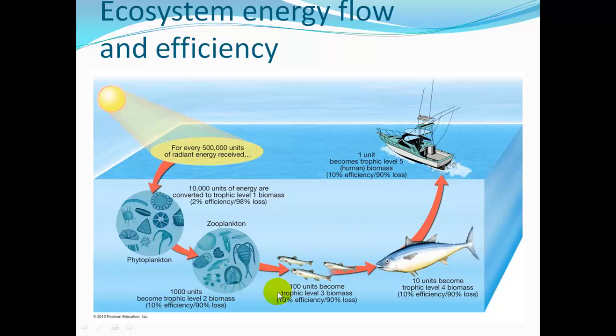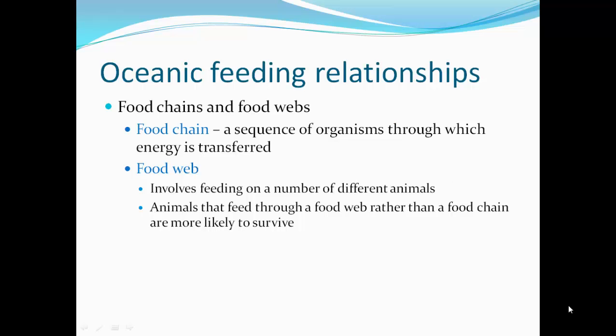And then the fish will eat the zooplankton, and now only 100 units are available. A big fish eats the little fish, and 10 units become available at this trophic level. And then when we eat that big fish, we're down to only 1 unit. It originally started at over 500,000 units of energy. Not very efficient, but it works.